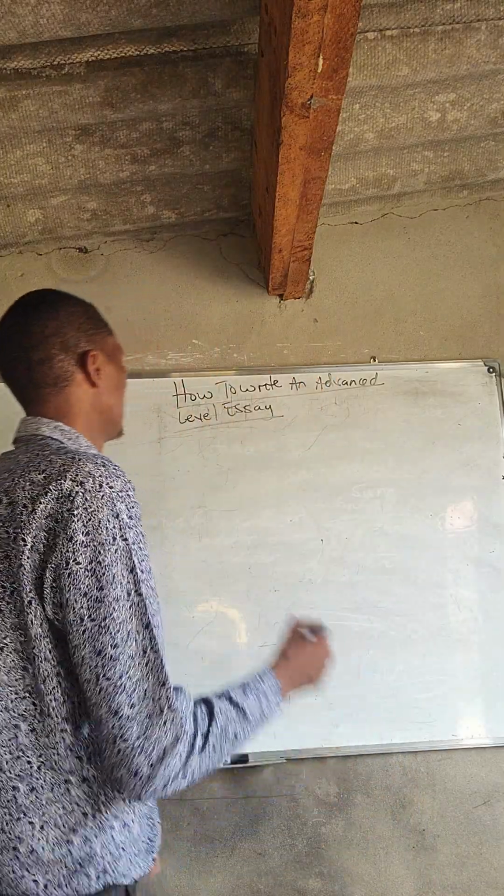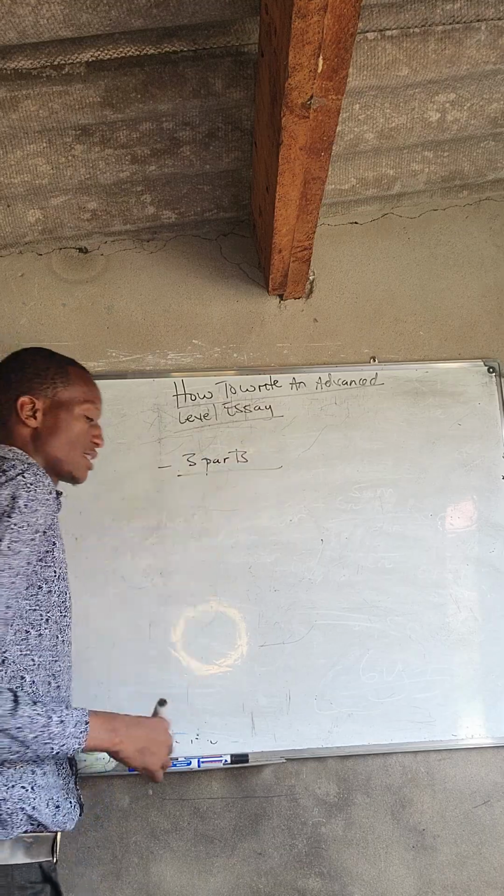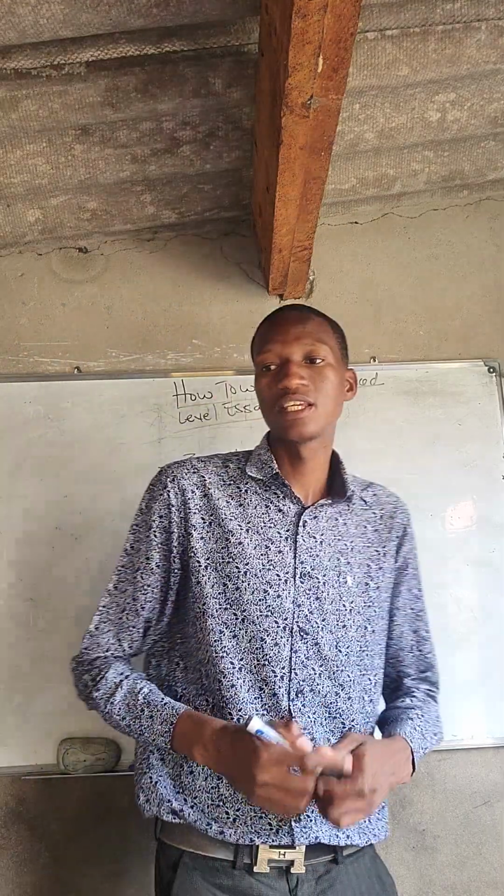So how to write an advanced level essay? You have to know that an advanced level essay is divided into 3 main parts. That's the first thing you need to know.